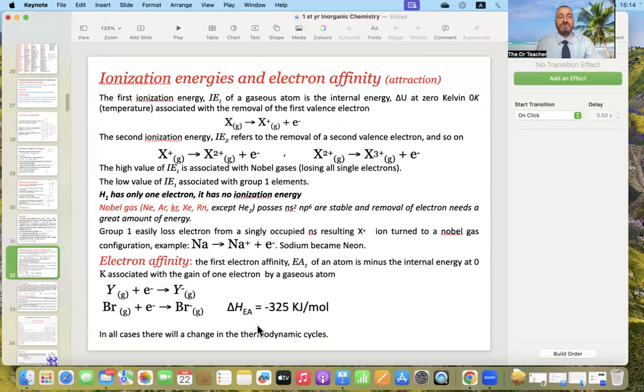Now we come to ionization energy, and electron affinity, or attraction. What does ionization energy mean?